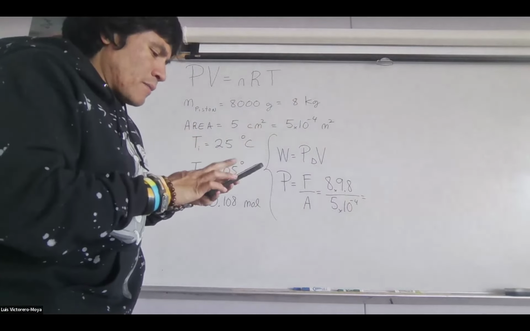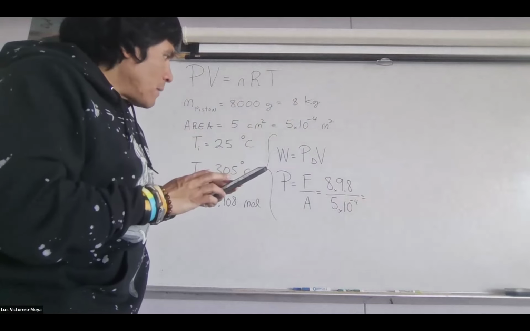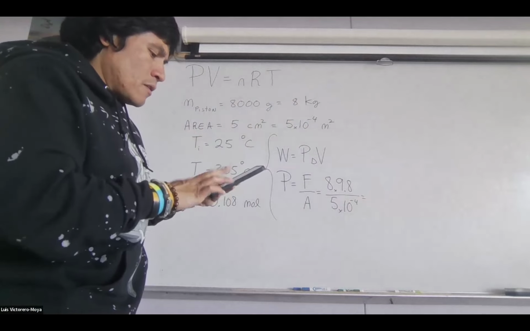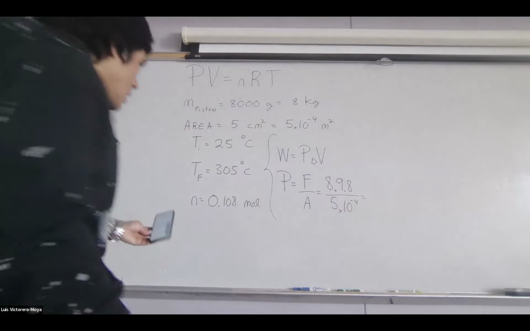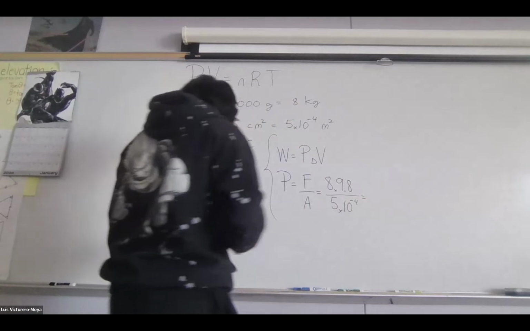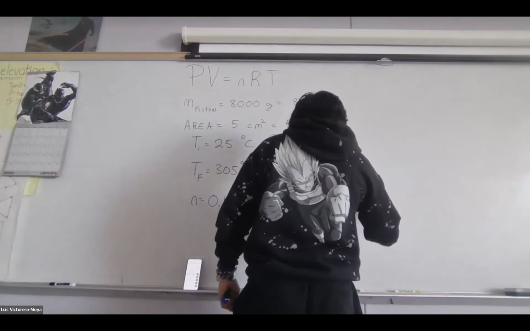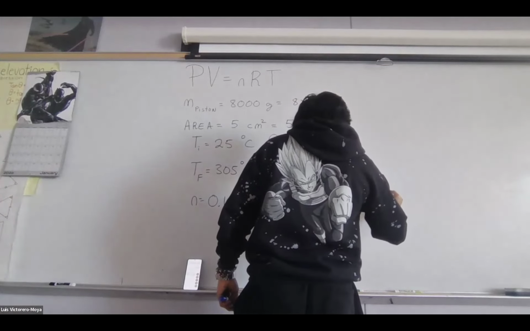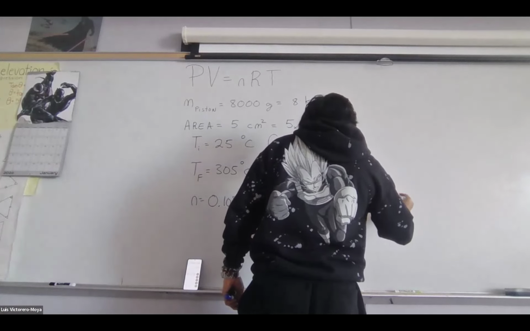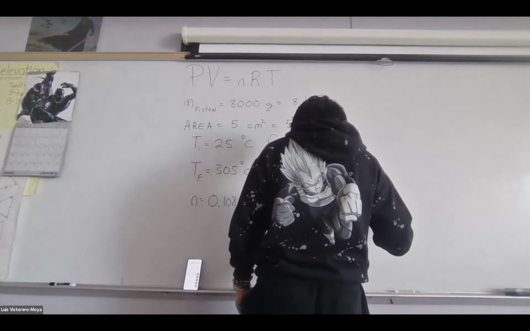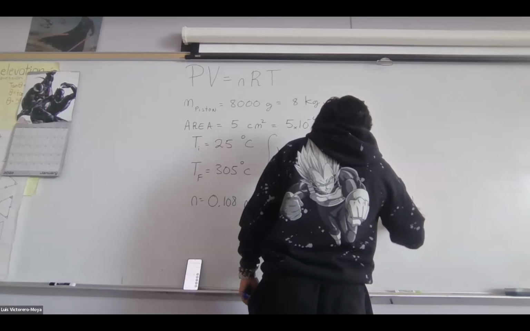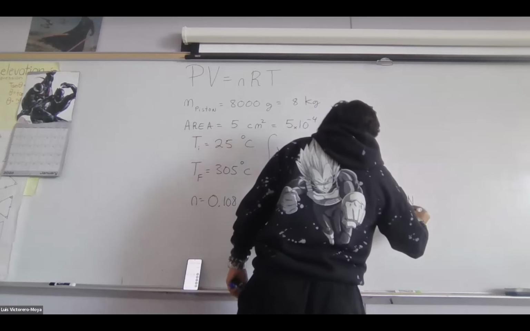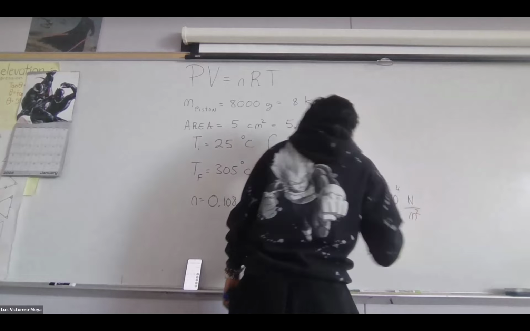So I do 8 times 9.8 divided by 5. Okay, so I get 15.7 times 10 to the 4 Newton per meter square. That's pressure.